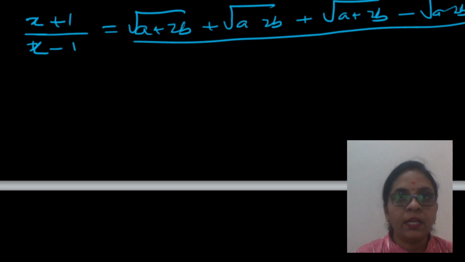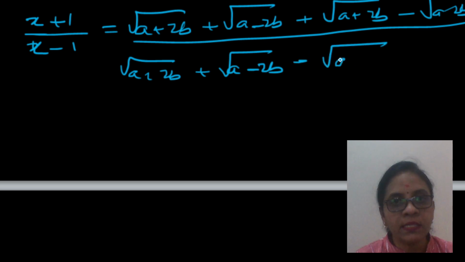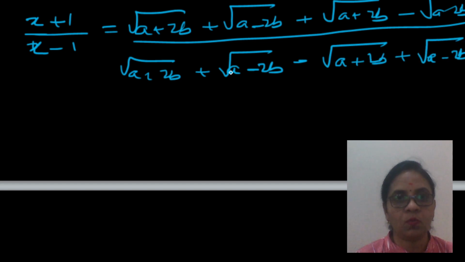Observe the term above, and change the sign here. Write the first two terms, that is your numerator terms, as they are, and then change the signs of the denominator: minus root(a + 2b) and this becomes plus root(a − 2b).